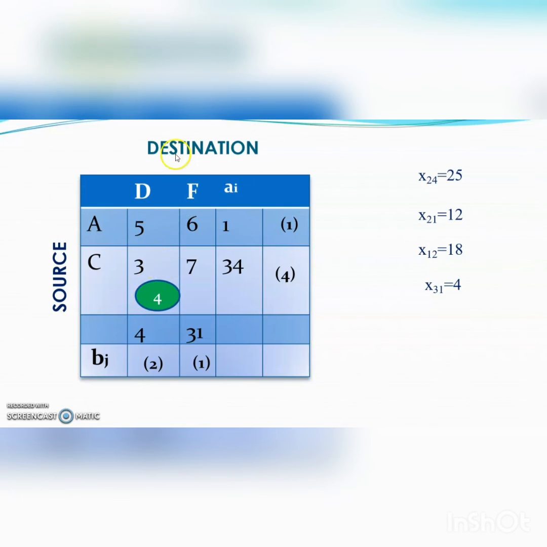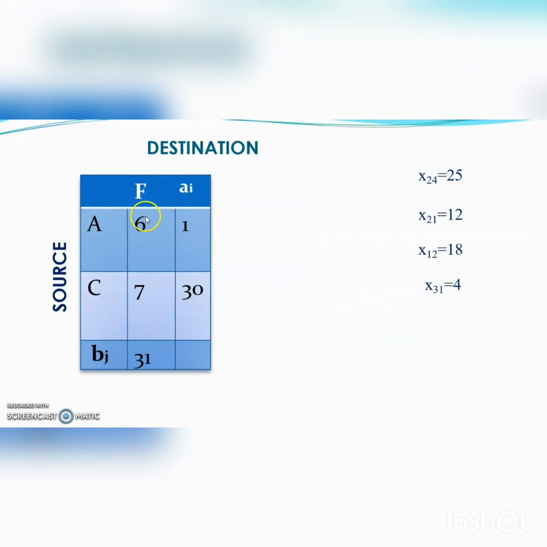Now the requirement of destination D has been met. So we discard the destination D and we adjust the availability in the row C. Now the availability in the source C is 30 units. After discarding the first column, we get only 1 column and 2 rows. We see that the sum of the availability is 31 and the requirement of this column is 31.